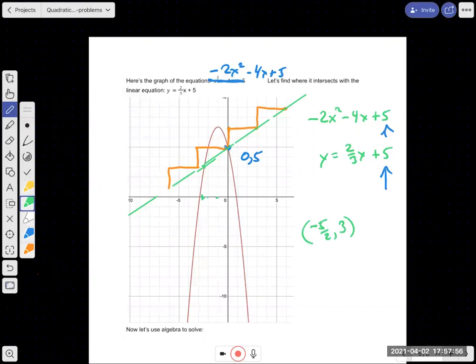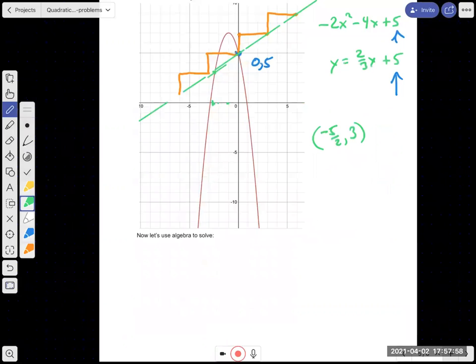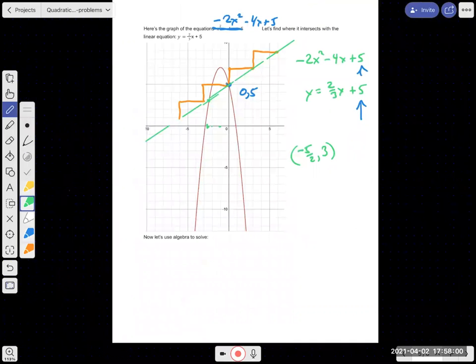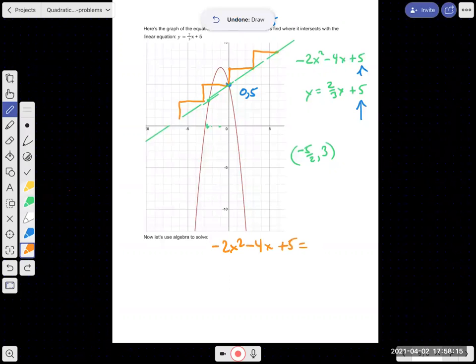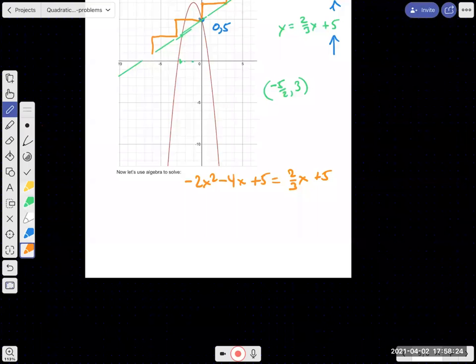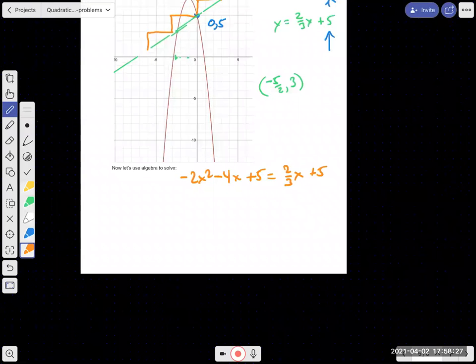But we could find out an exact answer. So let's see if we can. Okay, let's try the same thing. So it's a little bit more complicated. So we have minus 2x squared minus 4x plus 5. And we'll set that equal to our other equation, 2/3 x plus 5. Okay, so then you think, well, this might not be so hard, right?